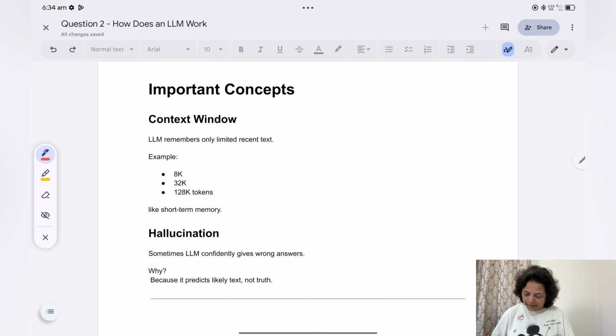Now an important concept: the context window. This is the main thing. As I told you in the RAG video, we first see what the user is searching for. He has asked one question. We have our vector database, where we find the relevant documents and fetch that relevant information.